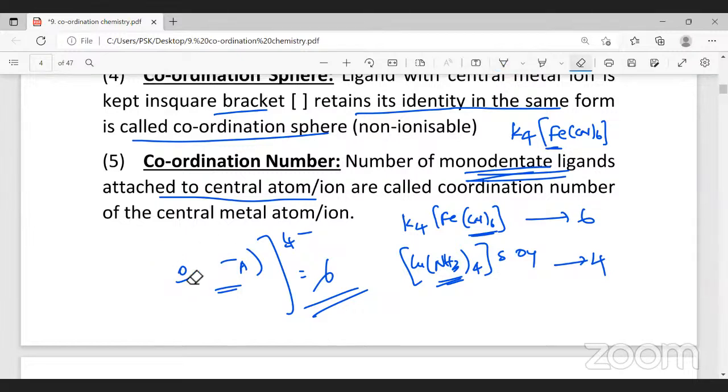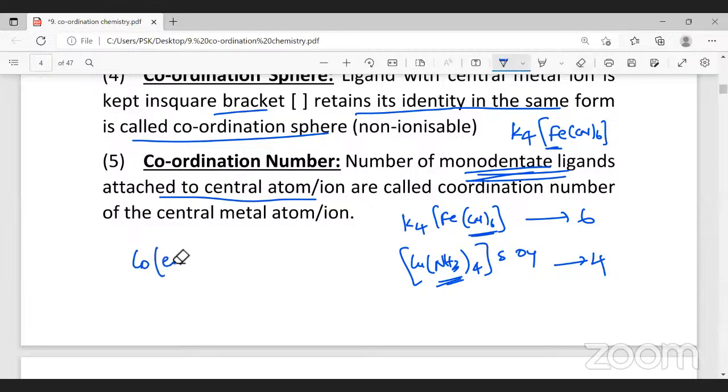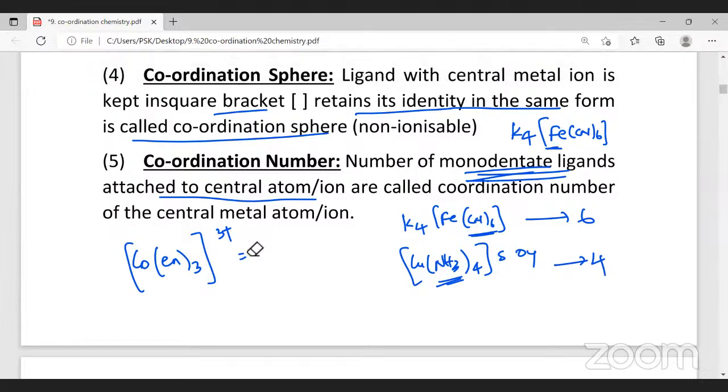Now, if I take a molecule like this, please remember coordination number is the number of monodentate ligands bonded to the central metal atom. If I take cobalt and write [Co(en)3]3+, what is the coordination number of cobalt? What does en stand for? Ethylene diamine. Is ethylene diamine a monodentate or bidentate ligand? Bidentate, sir. So each ligand donates 2 pairs of electrons.